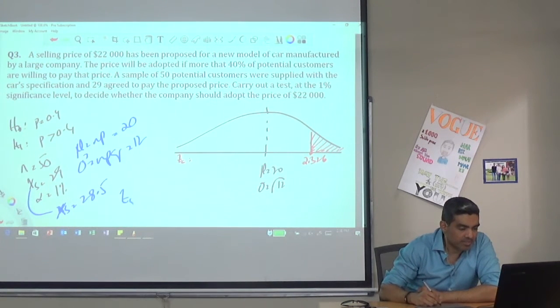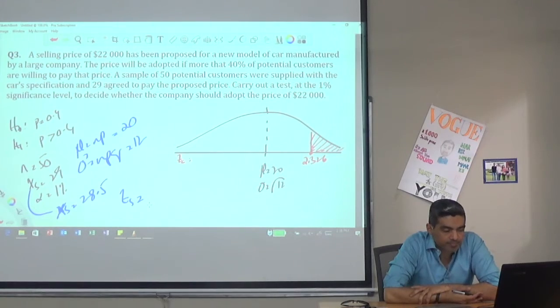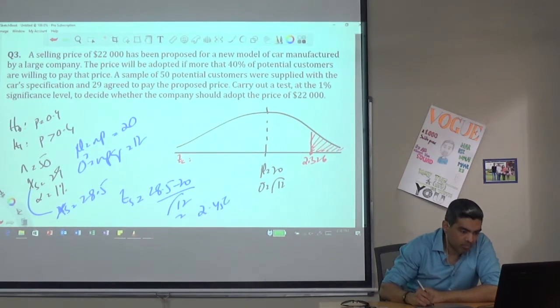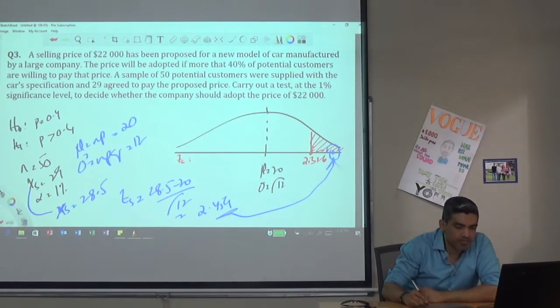So can you find the Z statistic? 2.454. Reject. We are in the rejection region. Reject H naught.